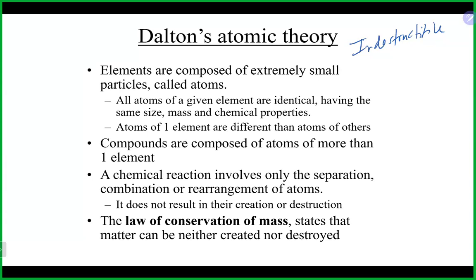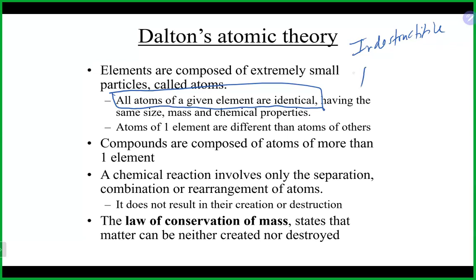A couple of things that are not so correct as time went on was this idea of atoms being indestructible or unable to be changed. In nuclear reactions, for example, you can change elements. You don't have conservation of elements, so they do change from one element to the next. The other thing that's not so correct is that all atoms of a given element are identical to each other.